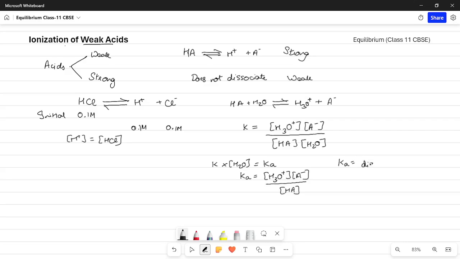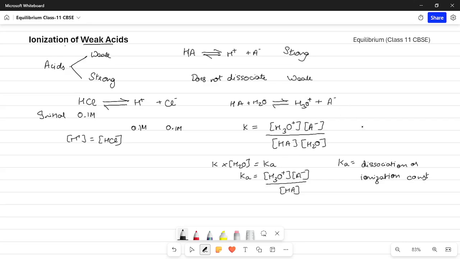This Ka is called the dissociation or the ionization constant. Now the value of Ka, if you notice, directly depends upon the value of the hydrogen ion.